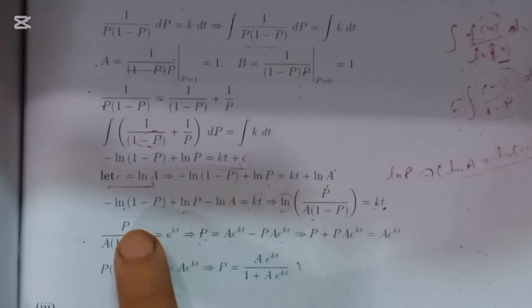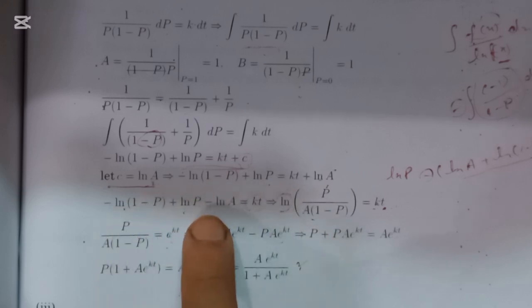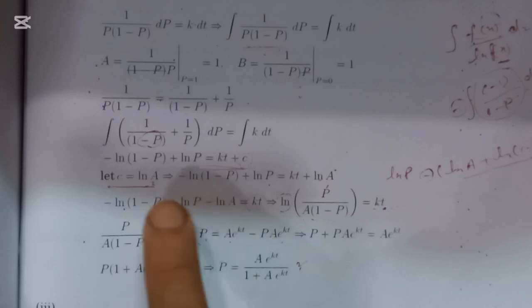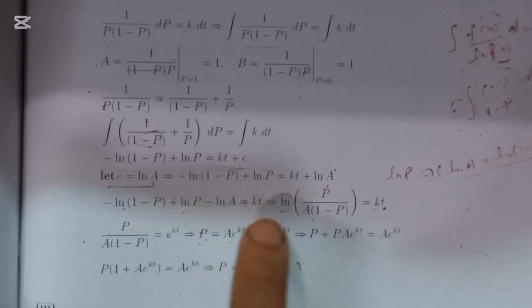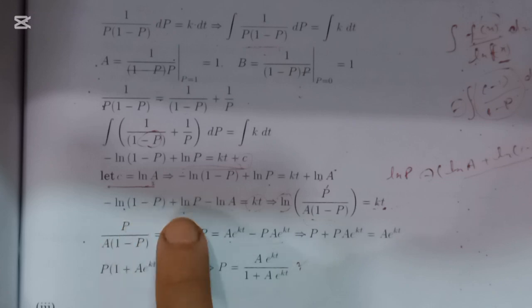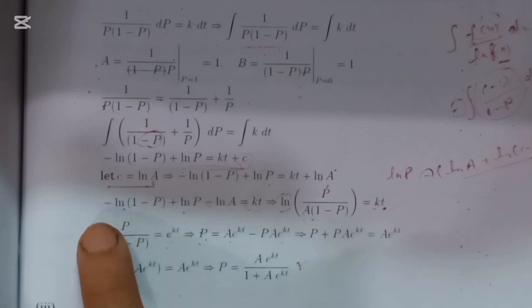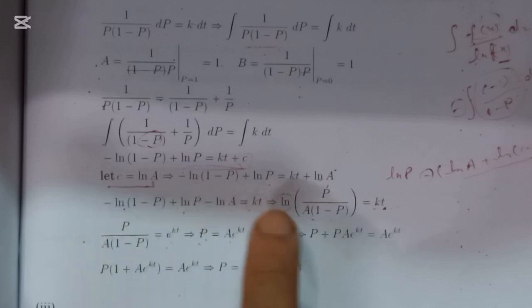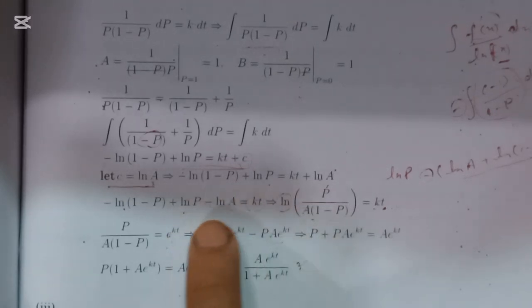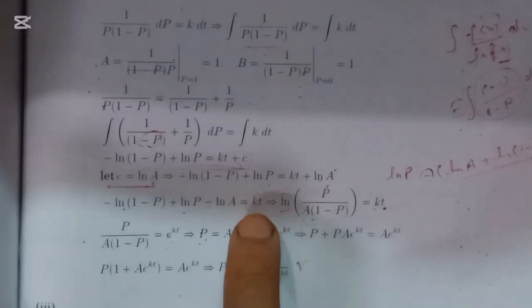I'm telling you the method. First you will take minus common here, and inside the bracket these two values will be plus, so the plus means these values will be multiplied, so this will be multiplied in the denominator. Because of the minus, which was taken out, these values come into the denominator and P is in the numerator. So actually the author is solving it very directly.